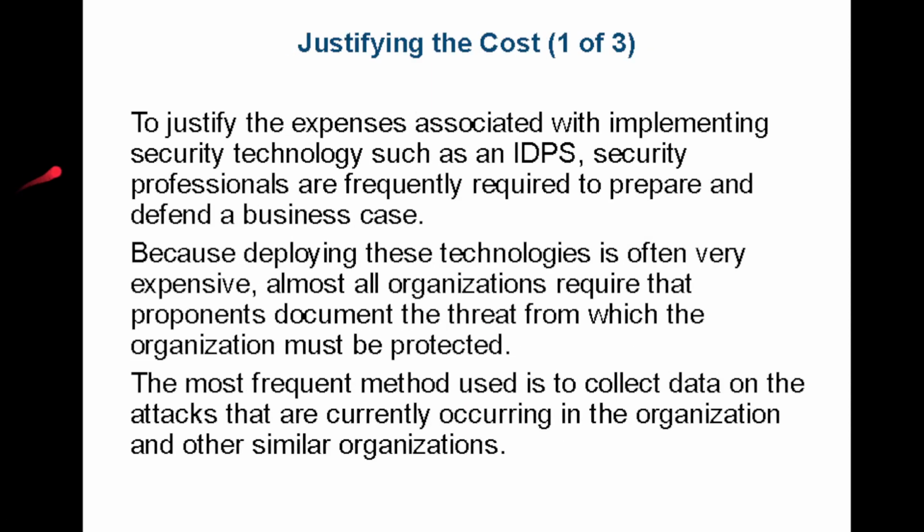Now, it's going to be expensive. It's going to cost you money. So that's why you have your business case. You do your risk analysis and document why it's worth that much money to be spent. And one way to document and justify is what attacks are happening. You pay someone for that research.